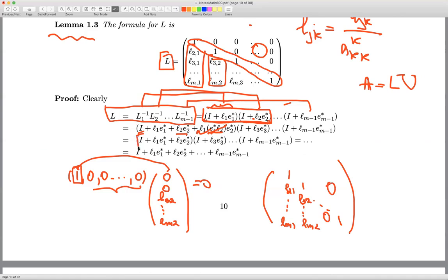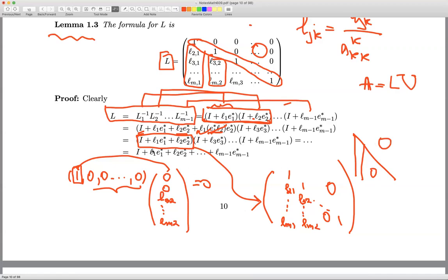So this matrix here will be exactly this matrix here. It will have ones on the main diagonal, populate the first column below the main diagonal, populate the second column below the main diagonal, and everywhere else will be 0.